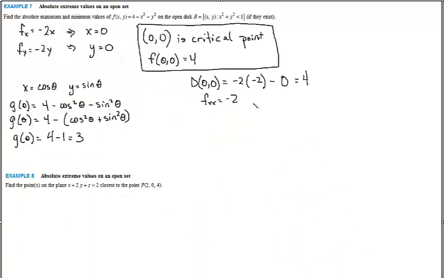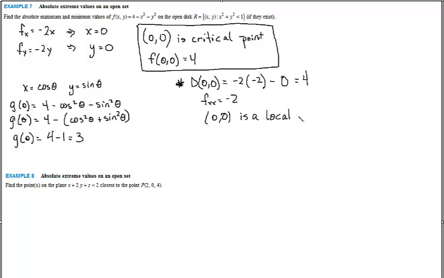Alright, I am using my second derivative test here and found that at that critical point 0, 0, doing my comparison here, I have number 1 on theorem 13.14, which tells me that 0, 0 is a local maximum.